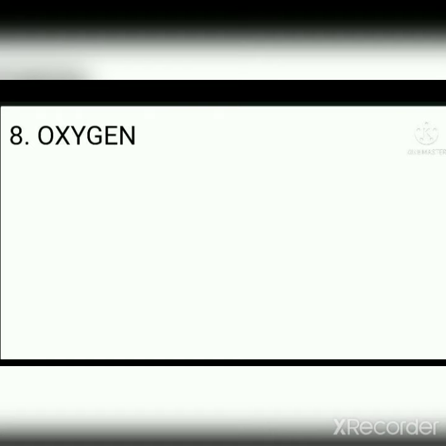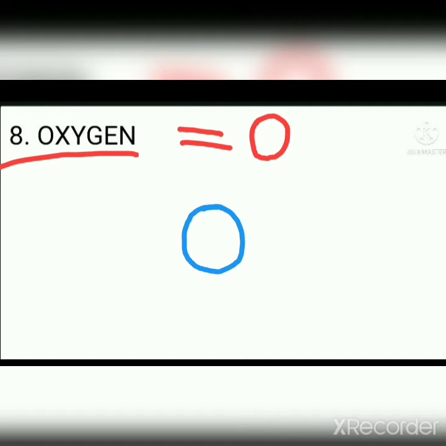First, the atomic number of oxygen is 8, and the symbol of oxygen is O. First I will make a circle and write the symbol of oxygen, O. Don't think that it is a circle, it is the symbol of oxygen.